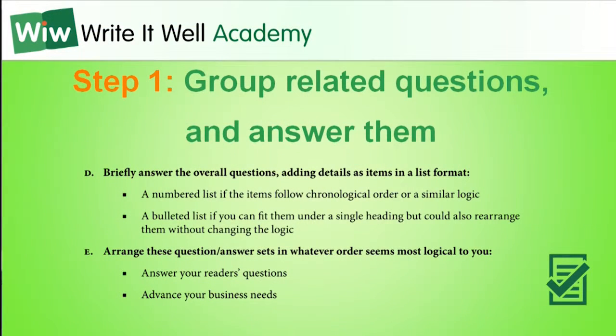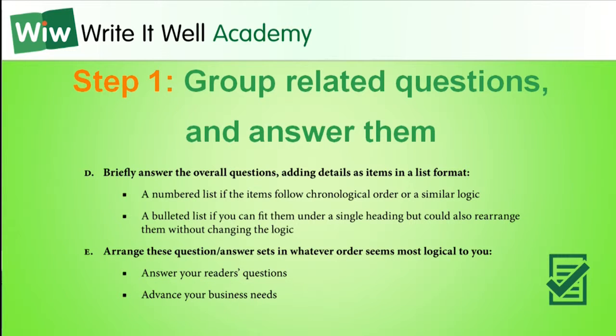Okay? So the next thing is that you'll briefly identify the overall questions, adding details as items in a list format. A numbered list, as you recall, is great for items that follow chronological order, and a bulleted list, if you can fit them all under a single heading. In other words, numbered lists show priority or sequence, and bulleted lists show that all items have equal value.